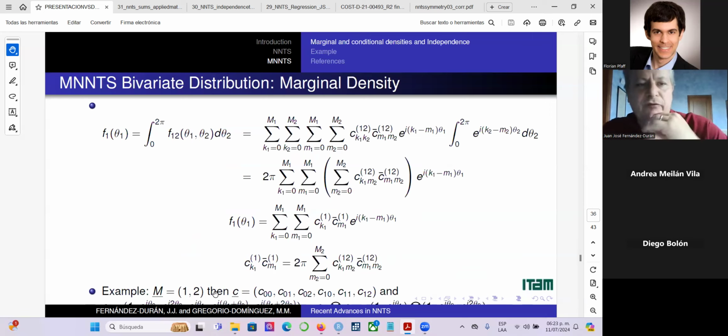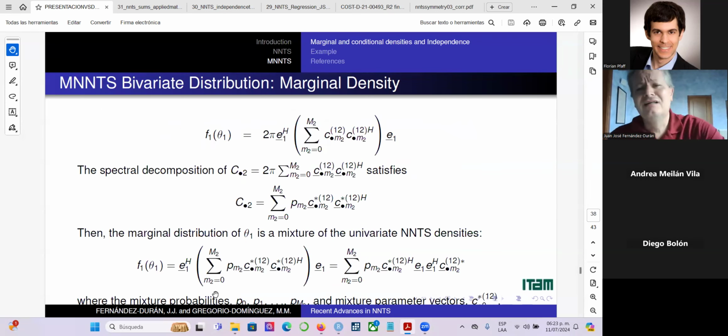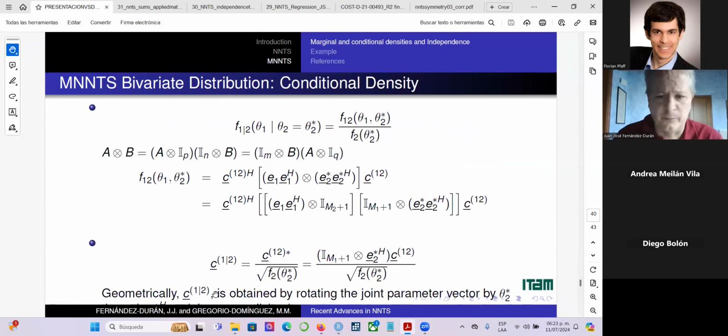The multivariate non-negative trigonometric sum is closed under marginalization. It means all the marginals of a multivariate non-negative trigonometric sum are non-negative trigonometric sums. Also, the conditionals are non-negative trigonometric sums. Here are all the operations to demonstrate these results.